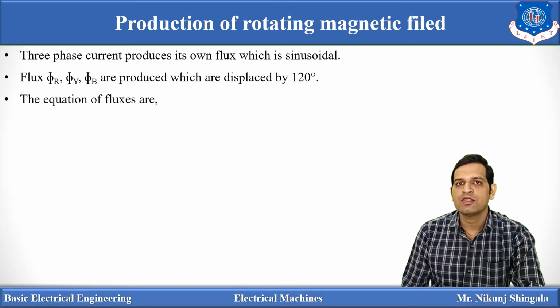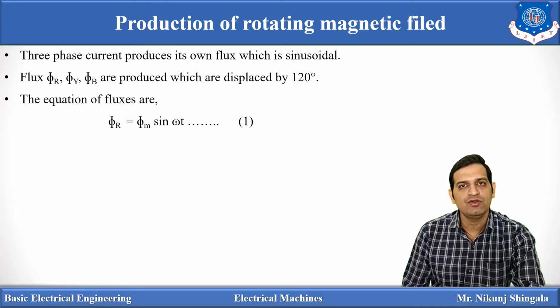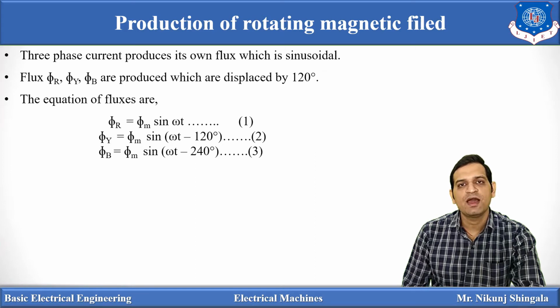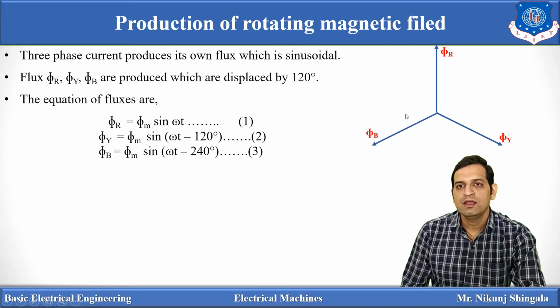The equation of fluxes now becomes: phi R, that is the flux produced in R phase, is phi m sin omega t, where phi m is the maximum value of the flux. Phi Y is equal to phi m sin (omega t minus 120 degree), and phi B is equal to phi m sin (omega t minus 240 degree). And these are equation number 1, 2 and 3. And phasor representation of these fluxes are these: phi R, phi Y and phi B. Phi R is taken as a reference phasor and all are displaced by 120 degree from each other.